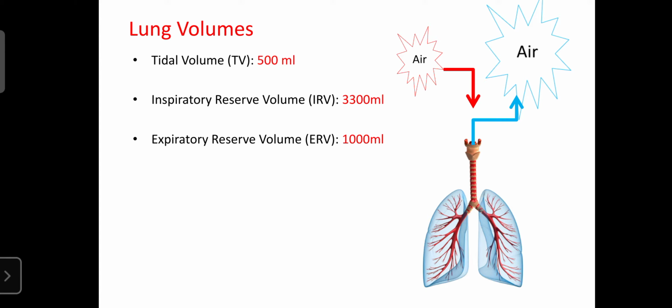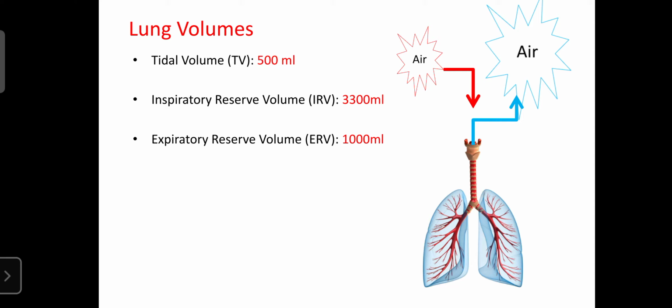That volume of air is known as the expiratory reserve volume, or ERV. It is 1000 ml. After quiet expiration, whatever volume of air we can forcefully breathe out is the expiratory reserve volume, which is 1000 ml.